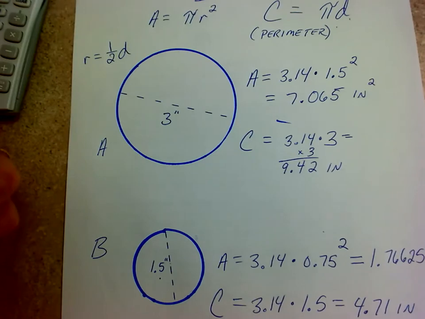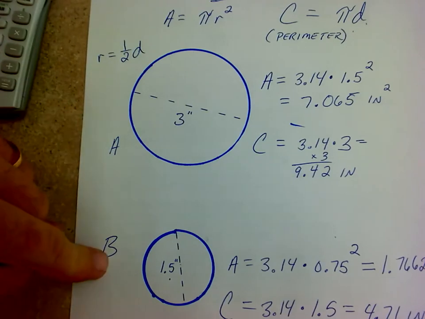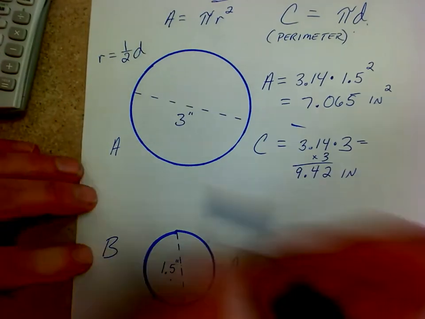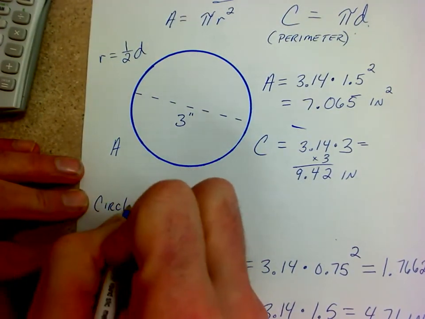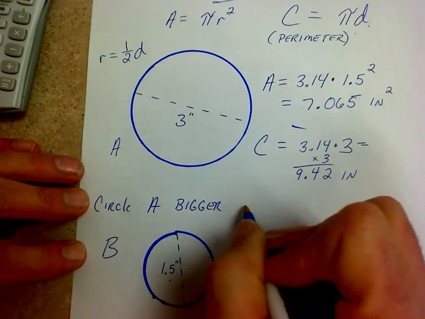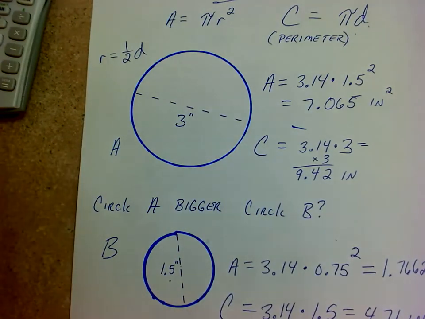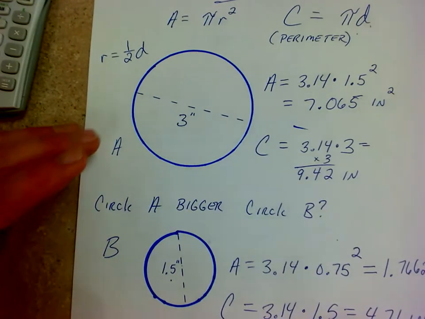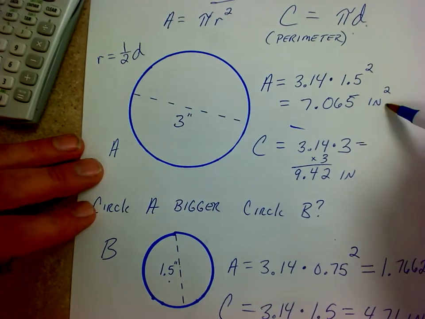Another question we might like to ask is, how many times bigger is circle A than circle B? If we wanted to get an answer to that kind of question, what we could do is take our two areas.